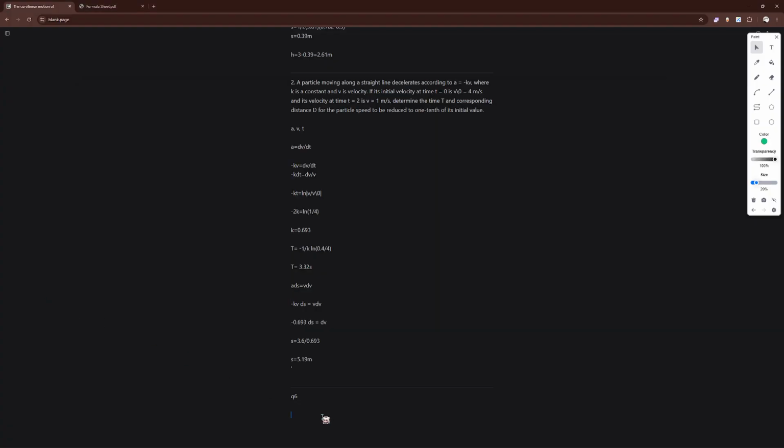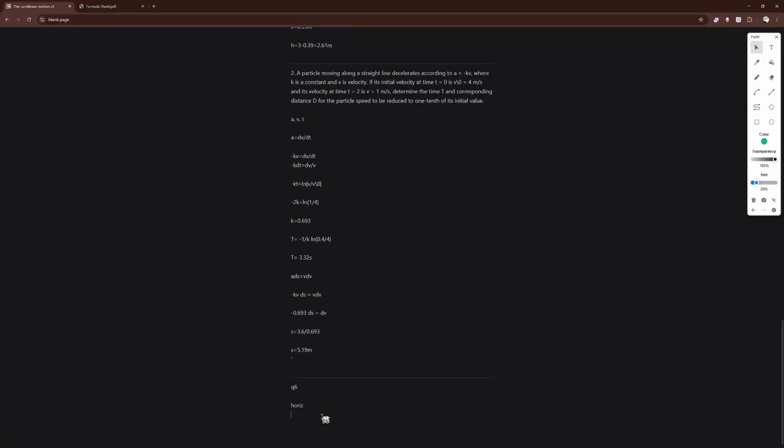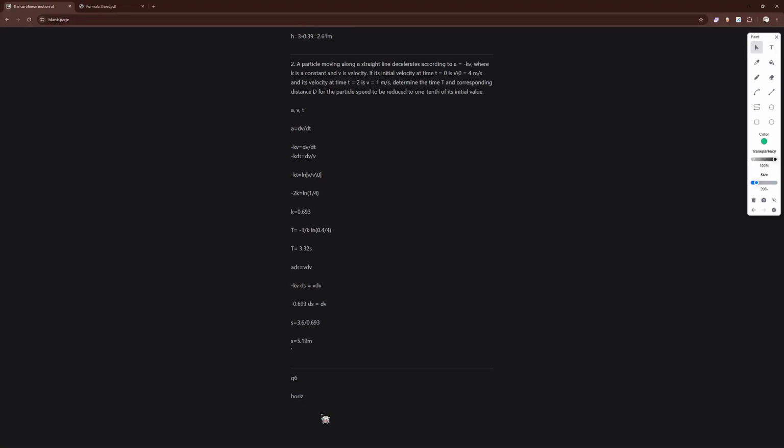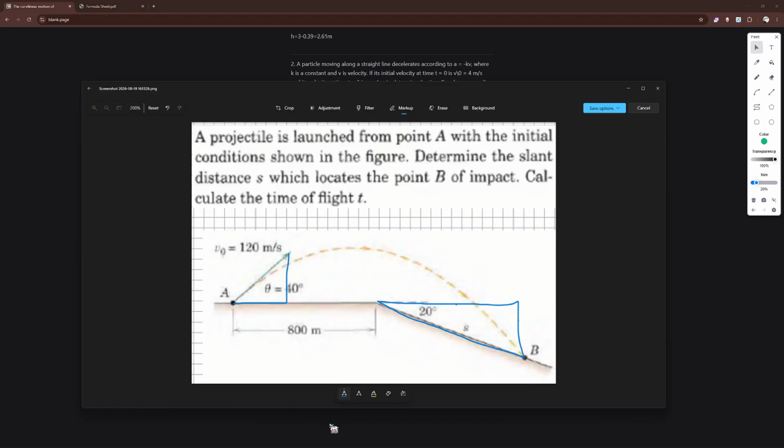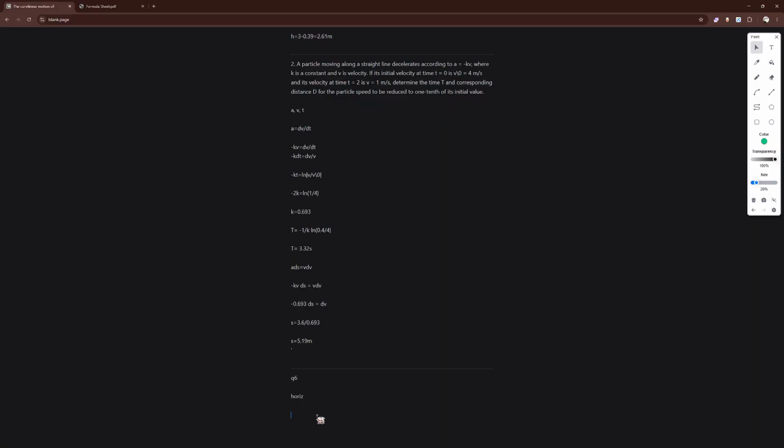First of all, we'll work in the horizontal direction first, okay? Because horizontal is nice and easy. So velocity of x, looking at this, is going to just be cosine. So v naught x, we can get rid of the naught, because it's just v of x, is equal to initial velocity 120 cosine of the angle, which was 40.